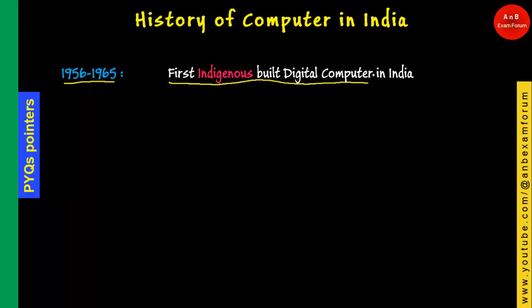Previously we had imported from the Britishers, and this time we made the first digital computer ourselves, and the name is TIFRAC. So what is TIFRAC? It is TIFR, that is Tata Institute of Fundamental Research Automatic Computer. You should remember the name TIFRAC. It was during the tenure of Prime Minister Jawaharlal Nehru, who focused on making this program, and the first indigenous digital computer was made.